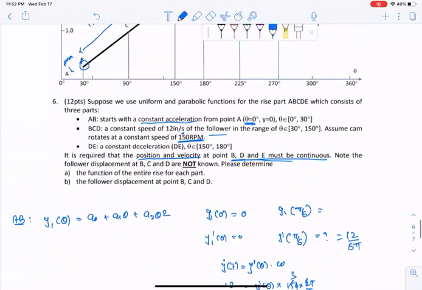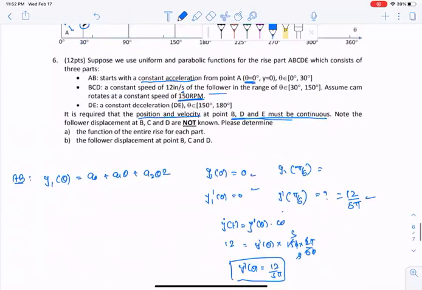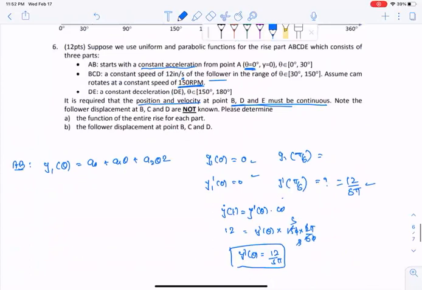So using continuity in velocity at B, we are getting y dash of pi by 6 is equal to 12 by 5 pi. So we do have boundary conditions right now. We do have 3 boundary conditions and 1 equation. So if I go ahead and start substituting, y dash of theta is equal to a1 plus 2 a2 theta.